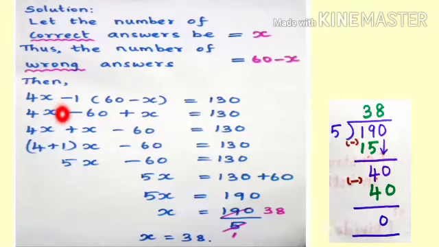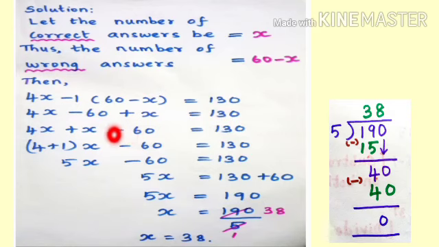Students, the total marks obtained is nothing but marks obtained for correct answers minus marks lost for wrong answers, which is equal to 130. So, we can write it as 4x minus 1 into 60 minus x, where x is the number of correct answers and 60 minus x is the number of wrong answers, is equal to 130.